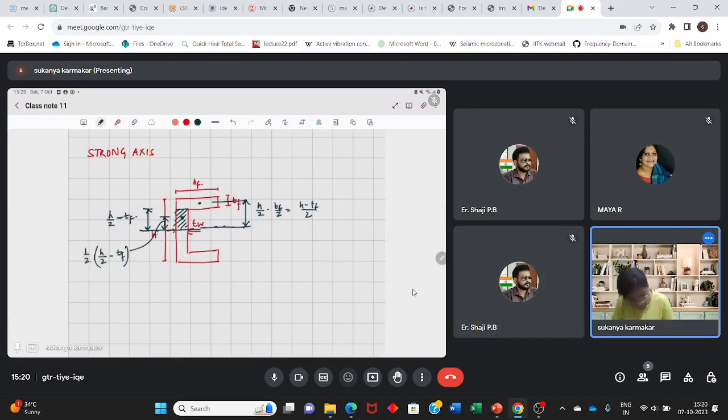So with this data, we can find out the plastic section modulus about the weak axis.